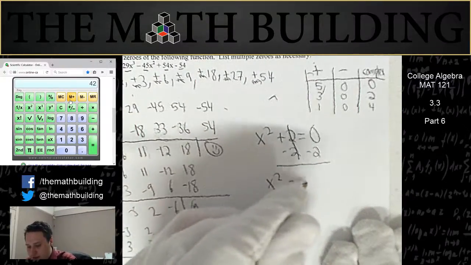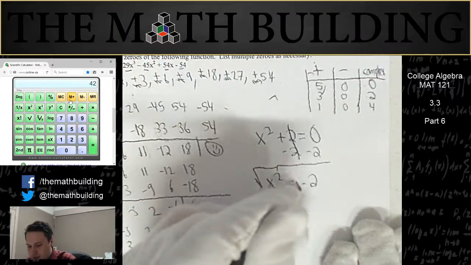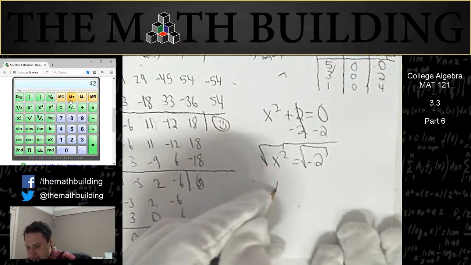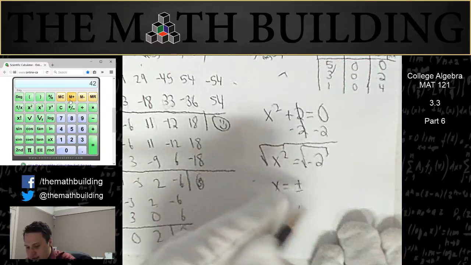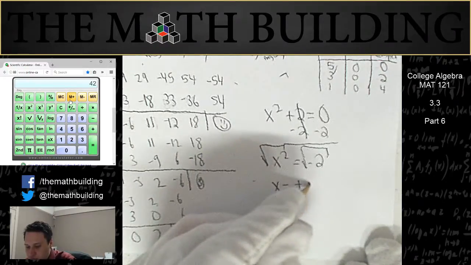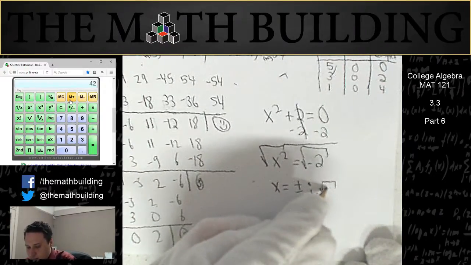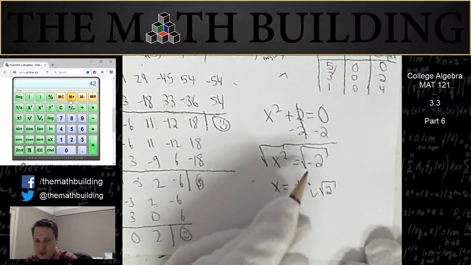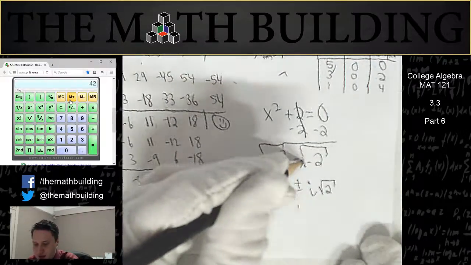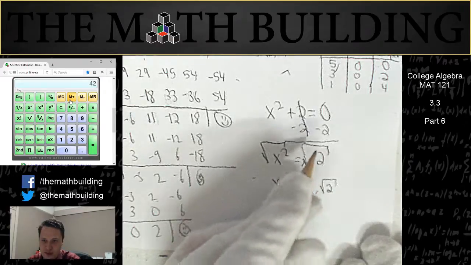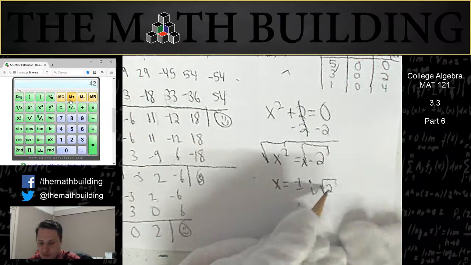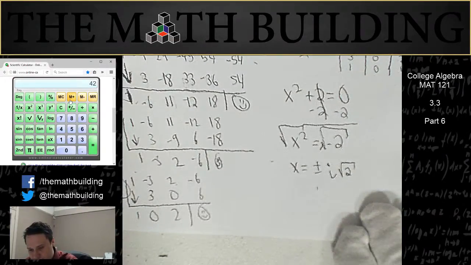X squared equals -2. Take the square root. X equals plus or minus the square root of -2, which is i root 2. Remember that square root of -2 is equal to, pull out the i, root 2. So there are our answers.